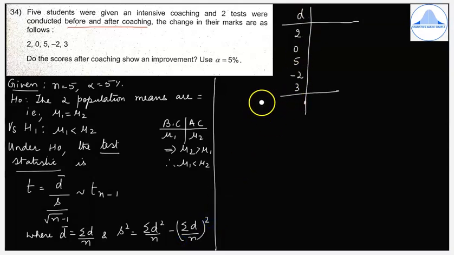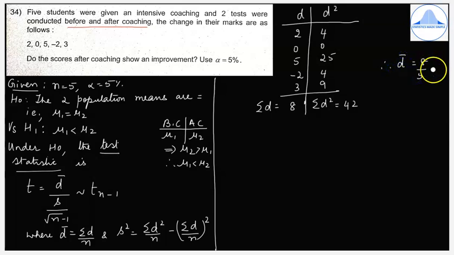So let us calculate summation d. Summation d is equal to 8. Next we'll find out d square, which is 4, 0, 25, 4 and 9. So you get summation d square is equal to 42. So d bar is equal to 8 divided by 5, which is equal to 1.6. And let us also calculate S square.